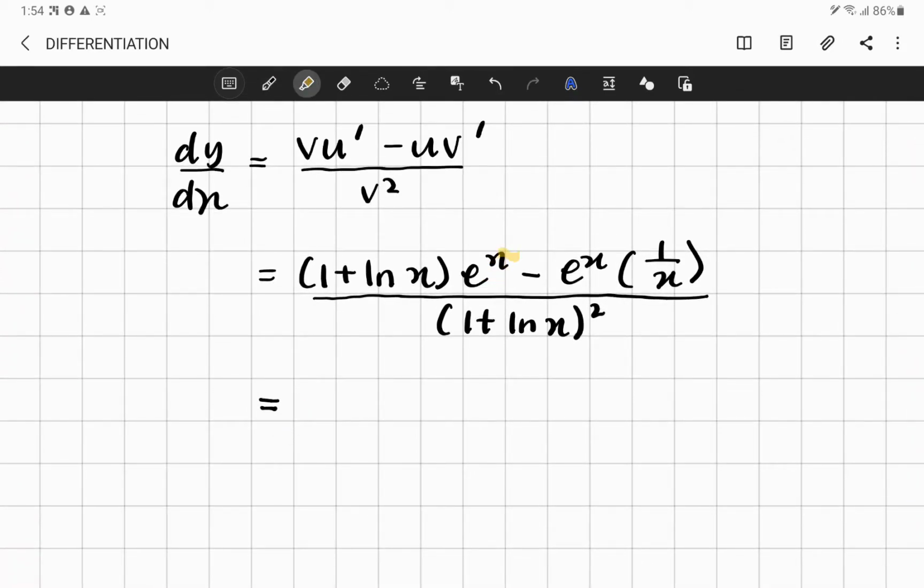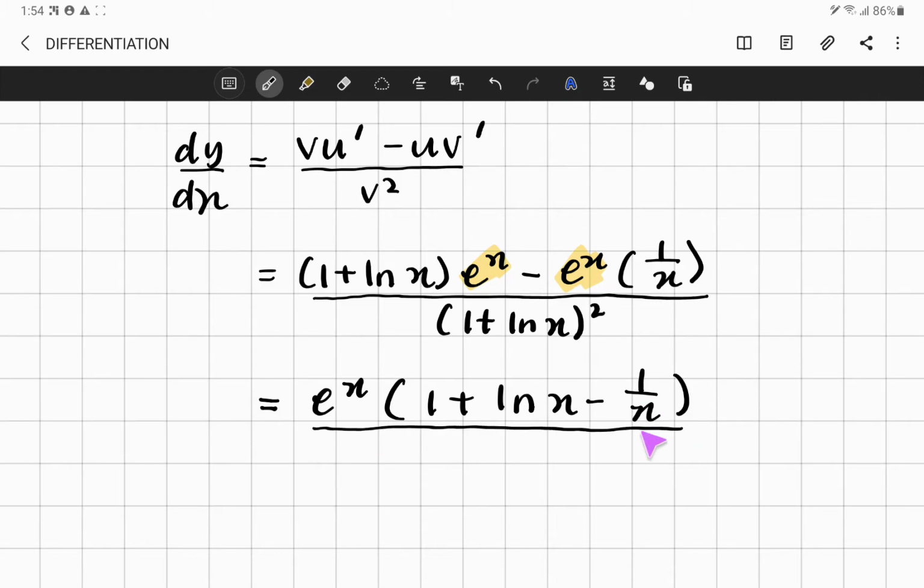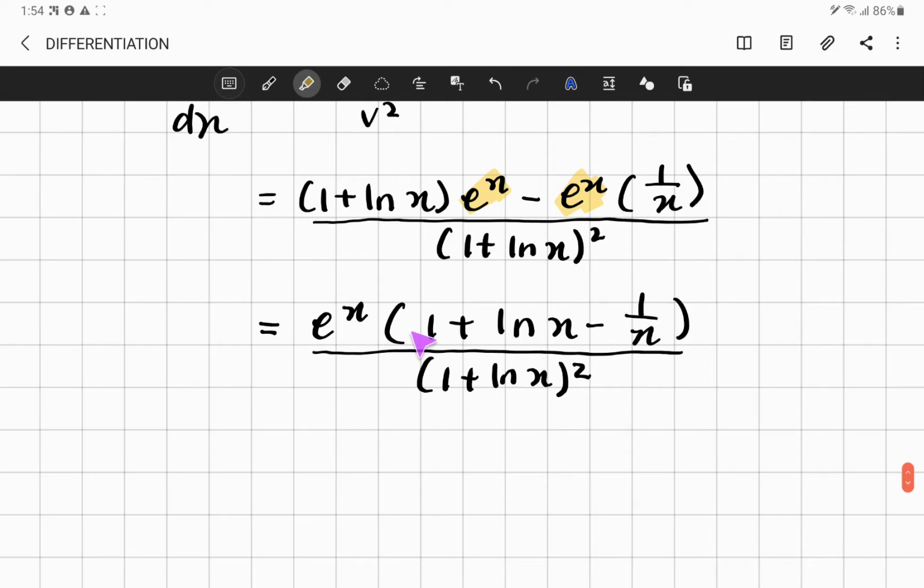Let us factorize e to the power x. And we're going to get 1 plus ln x minus 1 over x divided by 1 plus ln x squared. Here we need to equalize the denominator.